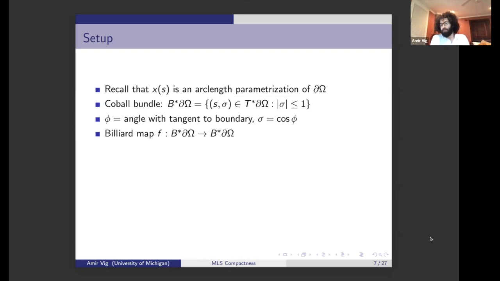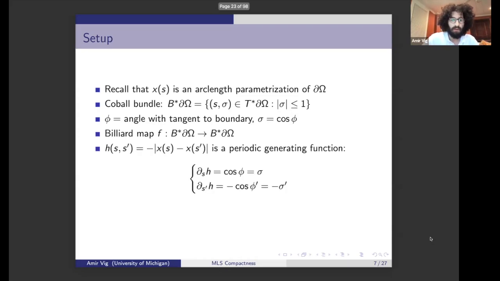So the billiard map, which if you recall sends (s, sigma) to (s', sigma'), is then a map on the coball bundle of the boundary. And it has a periodic generating function. So what do I mean by generating function? I mean that it depends on the position of the first point and the position of the second point, but not on the angles of reflection. And it has the property that if you differentiate in the first variable, you get the first angle.